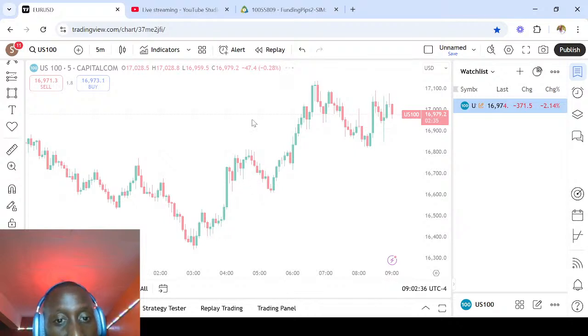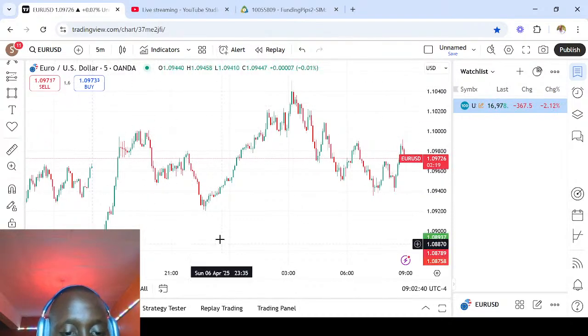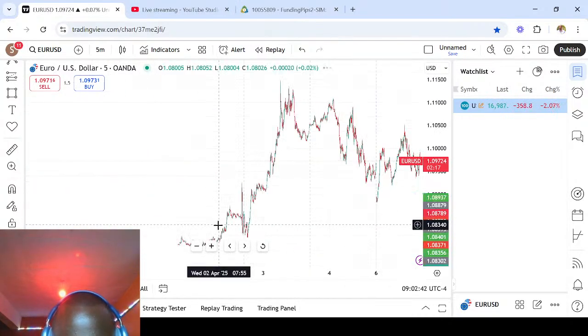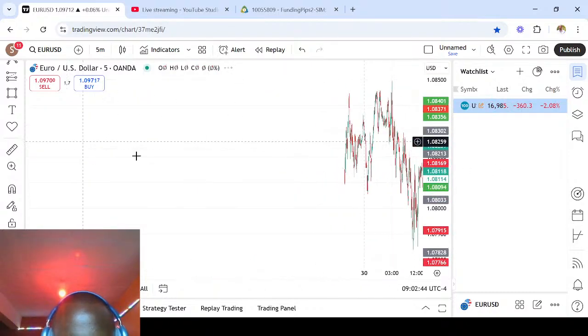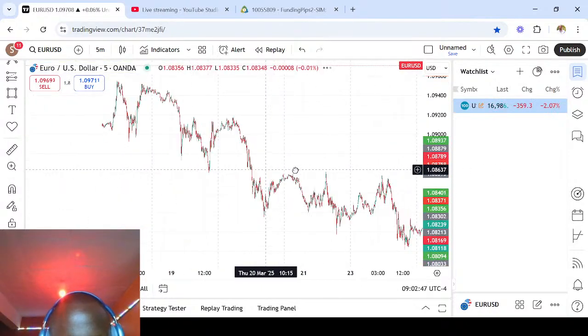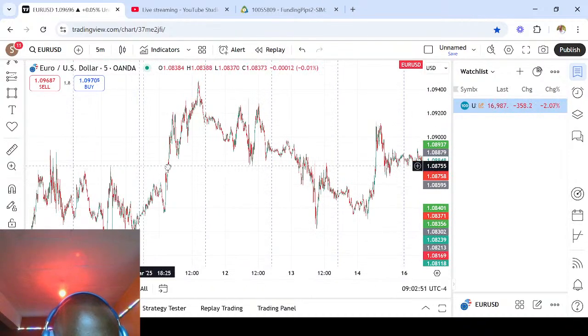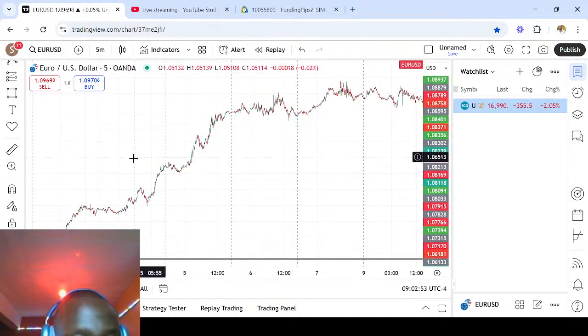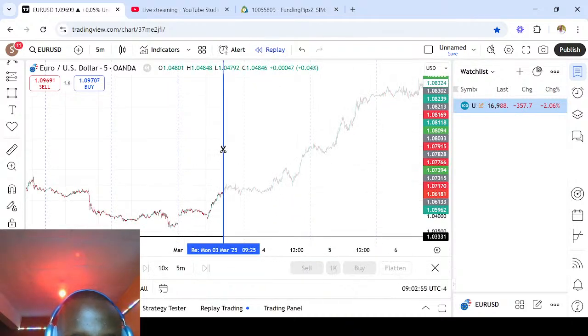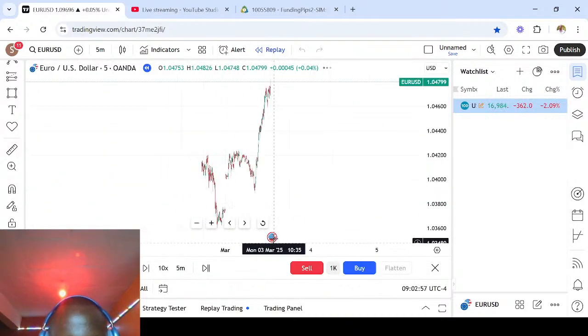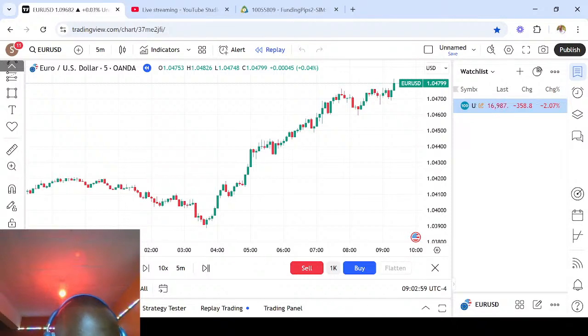Some months are profitable, some months are not. It depends on when you are in the cycle. But again, the strategy is the same. We are not changing anything. We will backtest March. Where does March begin? March begins here, and the process is the same.